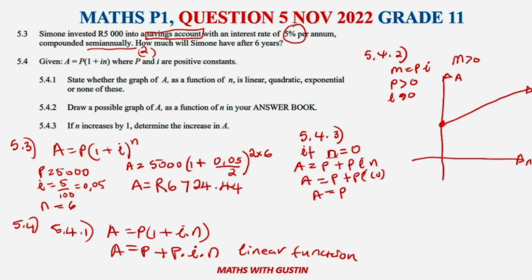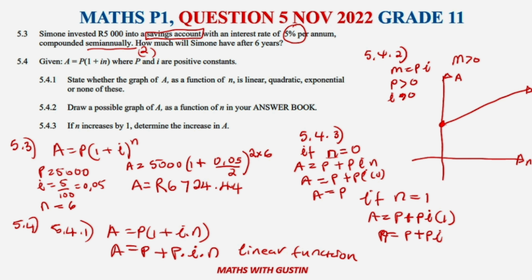All right. So now when you come here, say if n is equal to 1, you want to see that increase. So you're going to come here and say, okay, if that's the case, therefore P i n is equal to P i times 1. Therefore our A will be equal to P plus P i n.